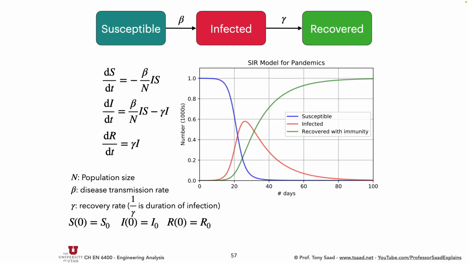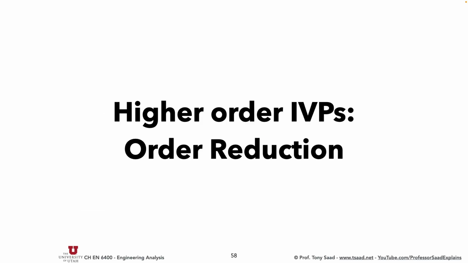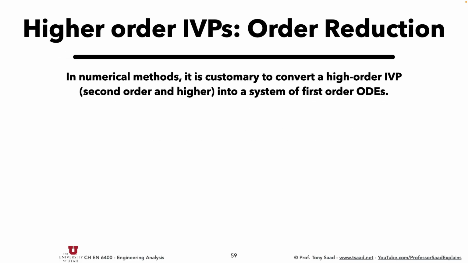Okay, the example I gave last time, which we will get to later today, is the susceptible, infected, and recovered epidemic model for flu or COVID or any virus that's infecting people, etc. So this is an example of a system of IVPs that arises naturally. But first we're going to discuss how to do order reduction. I'll do one example with you, but I have 3 other examples in the slides that you can do on your own.